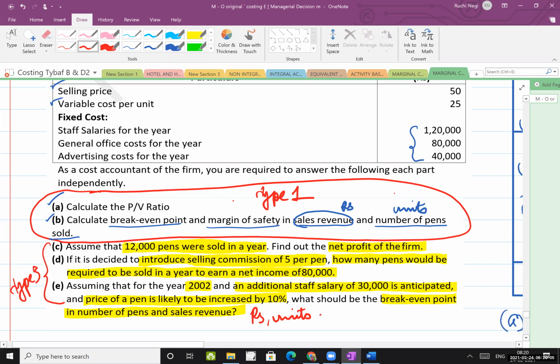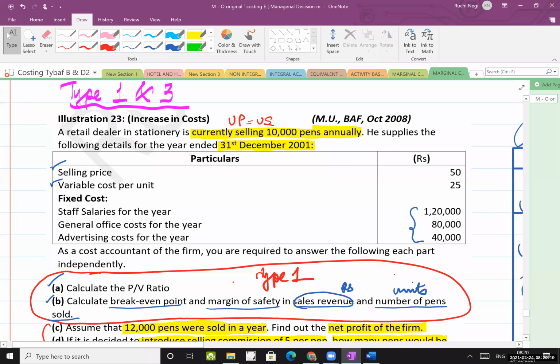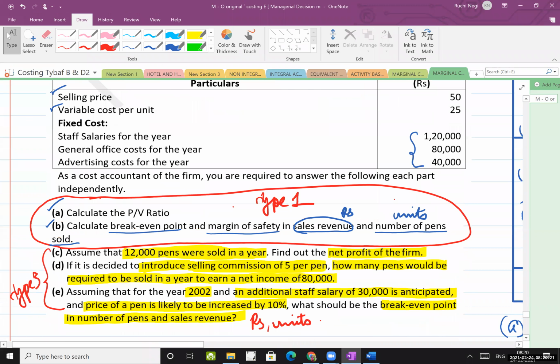Is the question clear? The whole question is clear to everyone? So we will solve it one by one. It's a lengthy question. Is the question clear?